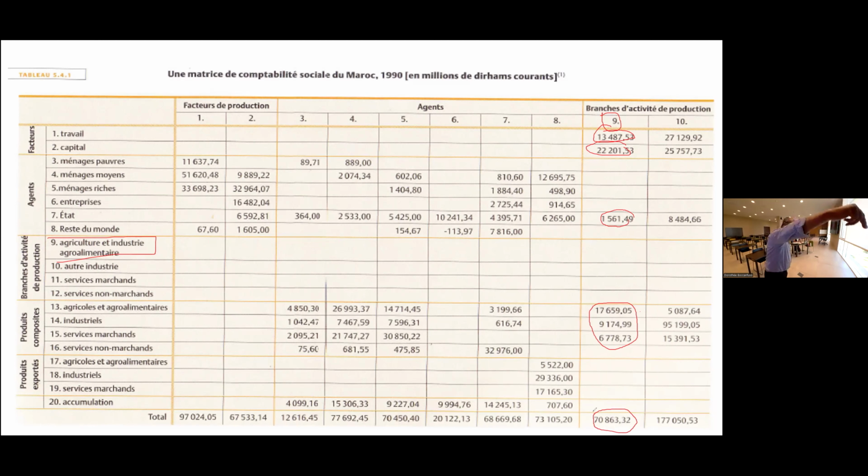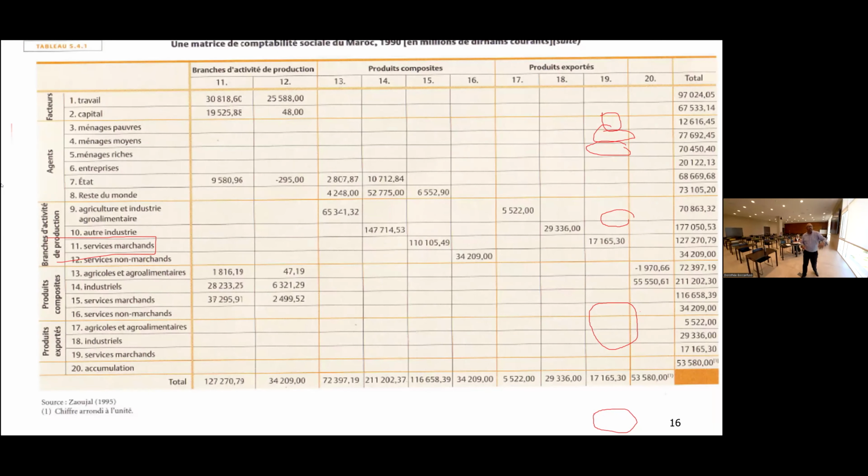It's exactly the same thing when we are looking at the second column. So now we are looking at the first row on capital and the first row on labor. We have the salaries for each activity. And if we go to the next page and look at the total here, you have the total of the salaries in the economy, and the total of capital return in the economy.